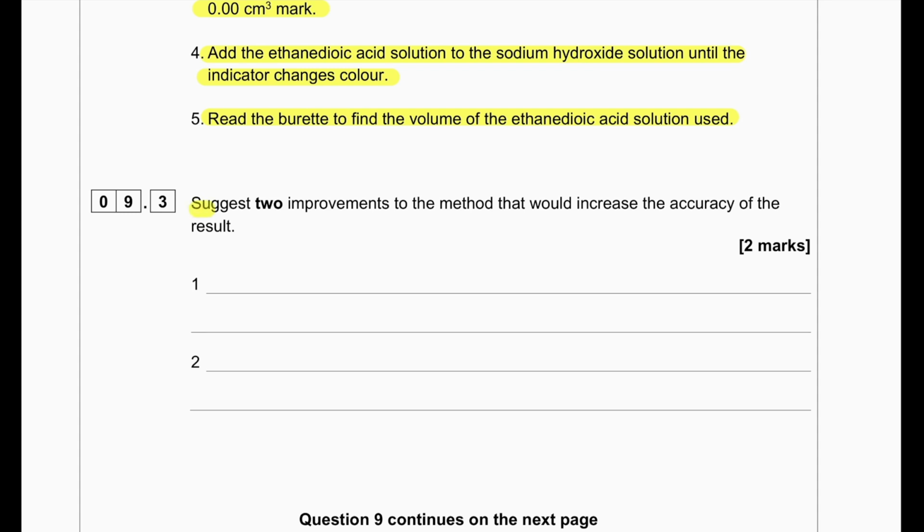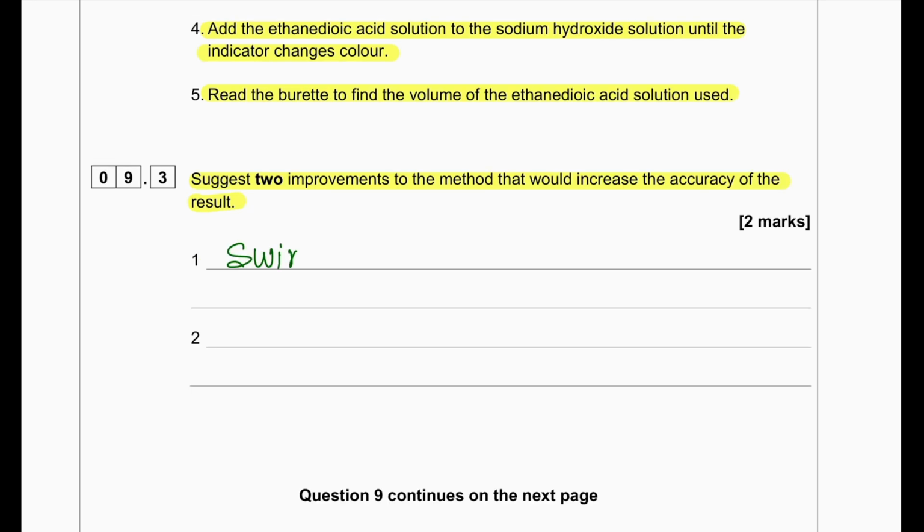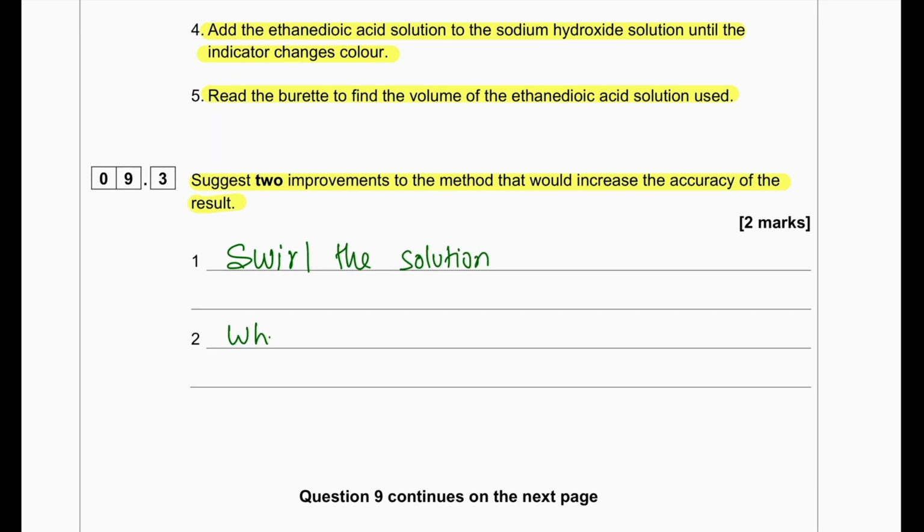Now the question says suggest an improvement to the method that would increase the accuracy of the result. The student did not mention anywhere that, while adding the acid to the sodium hydroxide, the student swirled the flask to make sure that the solution is properly mixed. Because the student is looking for a color change using an indicator, the student could have used a white tile under the flask, which would allow the student to see a sharp color change.